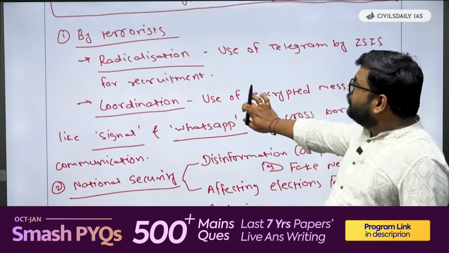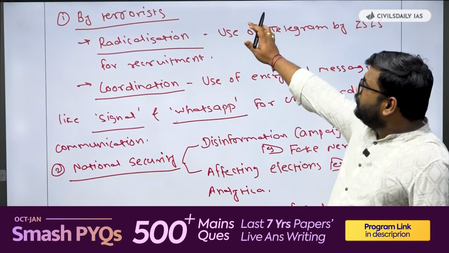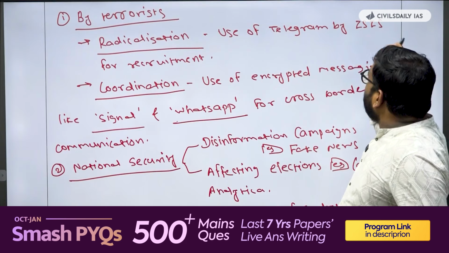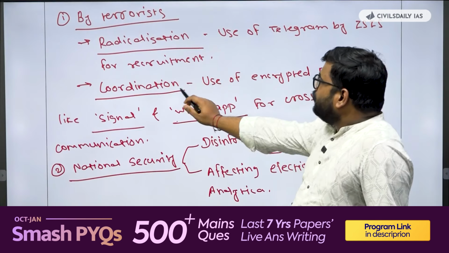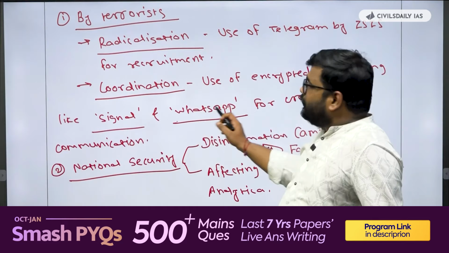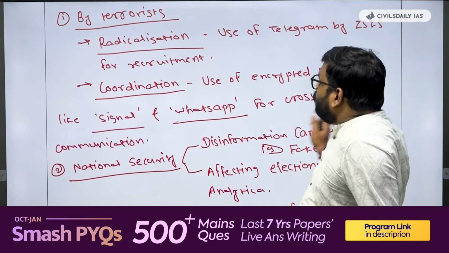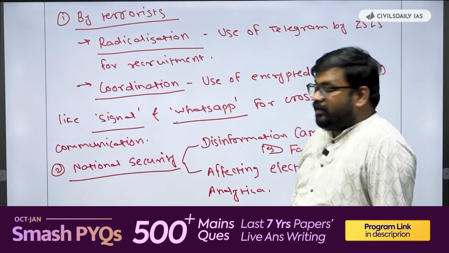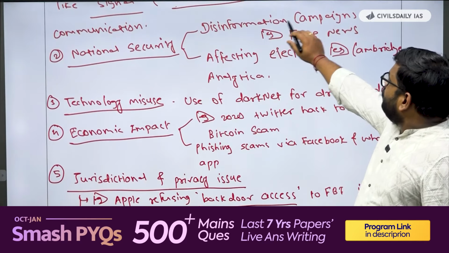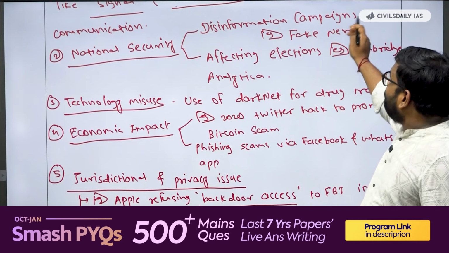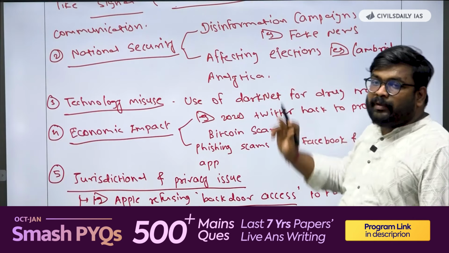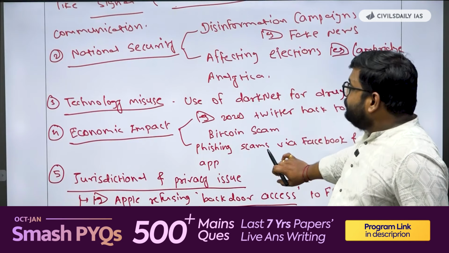Then, social media plus encrypted messaging leading to security challenges. Again, the same framework is applied: terrorists for radicalization, use of Telegram by ISIS for recruitment and coordination, use of encrypted messaging like Signal and WhatsApp for cross-border communication by terrorists. With respect to national security, you have disinformation campaigns, for example fake news, then affecting elections, for example the Cambridge Analytica scandal.